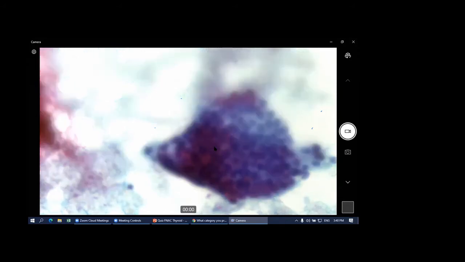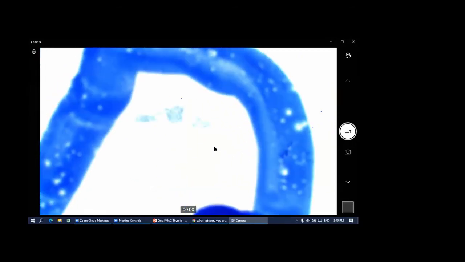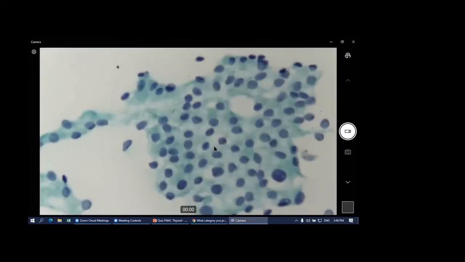Okay, that's one. Number two, even though this is a bit out of focus, can you see that?